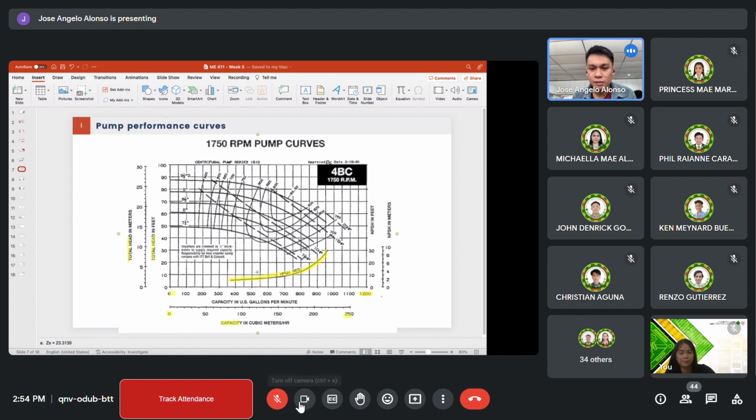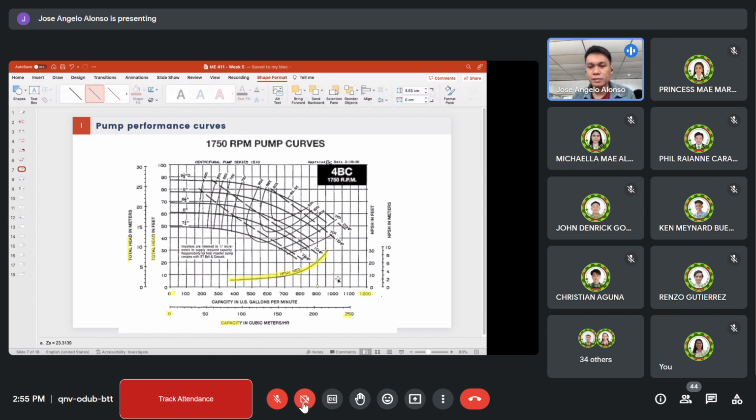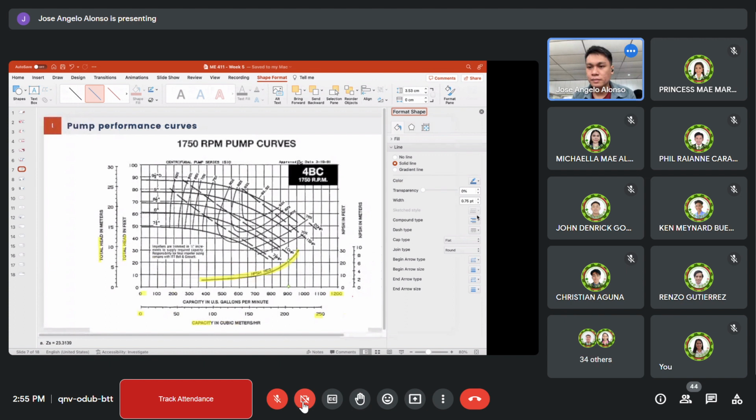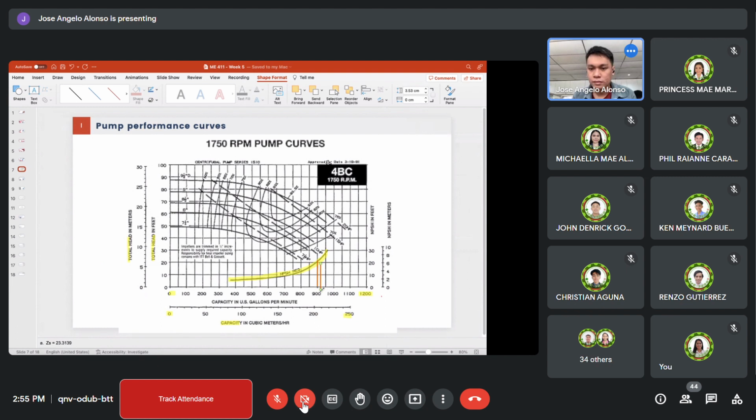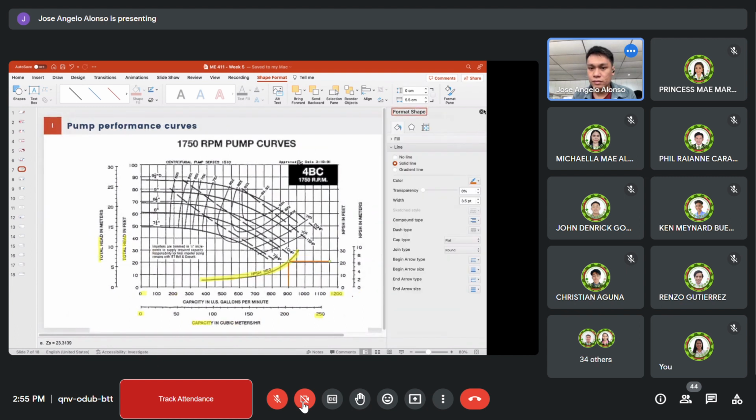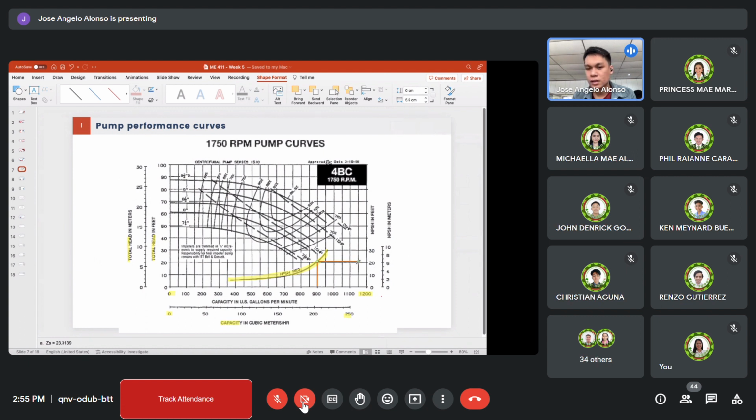Paano siya basahin? For example lang, at 900 gallons per minute. Then i-project natin to x-axis.